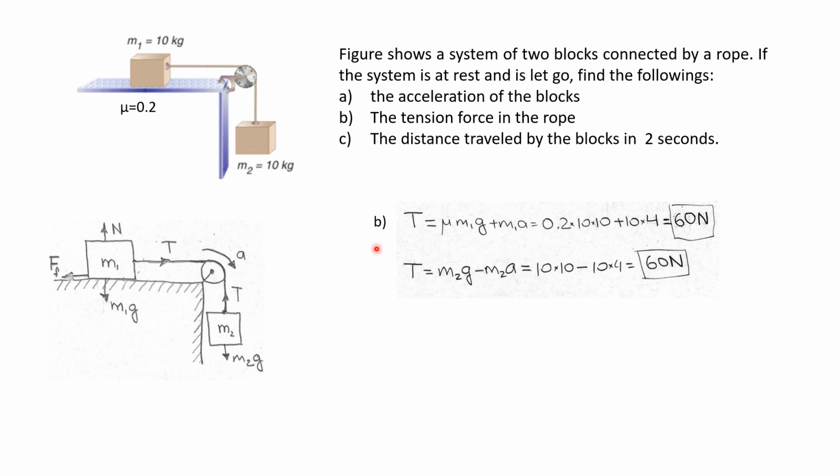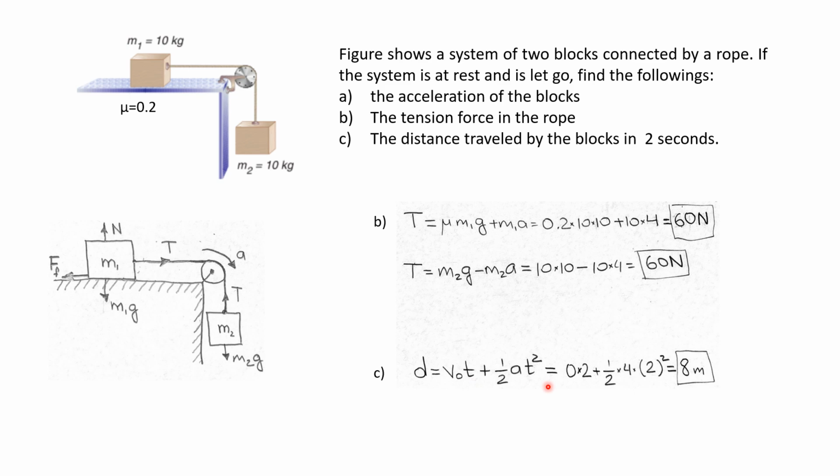So its initial velocity is 0, because the system is initially at rest. And we know the acceleration, we found it to be 4 meters per second squared. We can find the distance simply using the formula from kinematics: distance equals initial velocity v0 times t plus 1/2 a t squared.